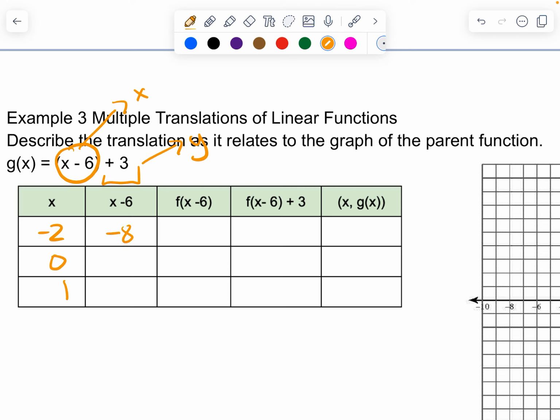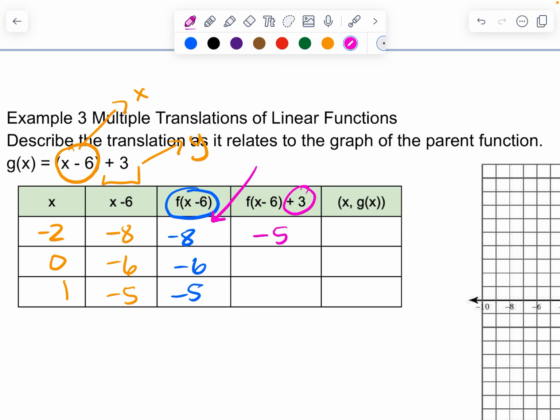So to the x, I'm going to subtract 6. So that's -8. -6, -5. Okay? This right here, that's this, and this. Okay? Then we're going to take these values right here and we're going to add 3 to them.